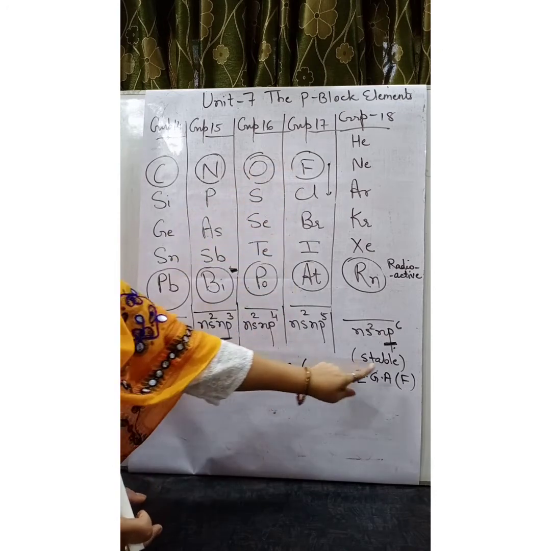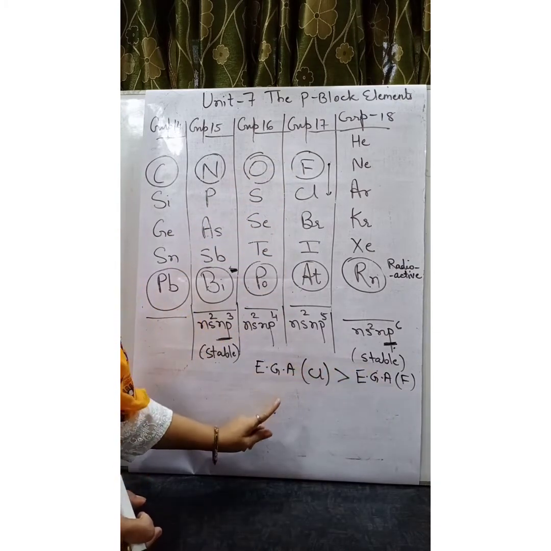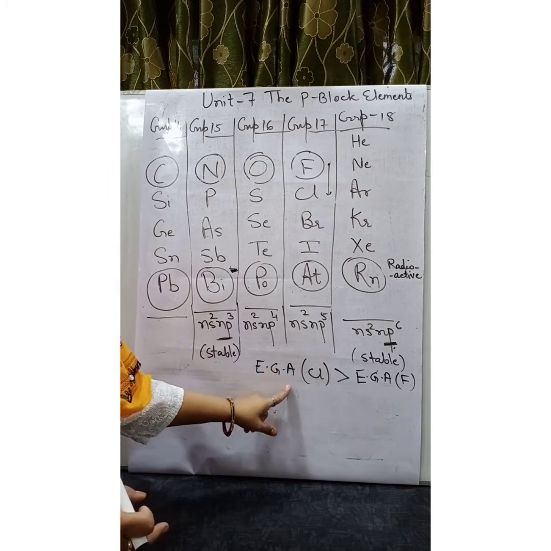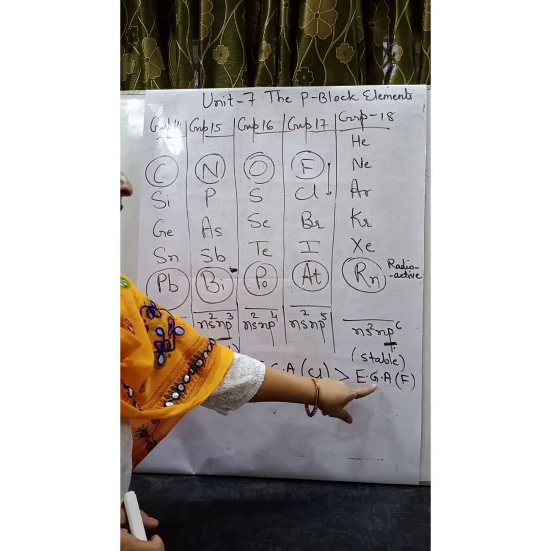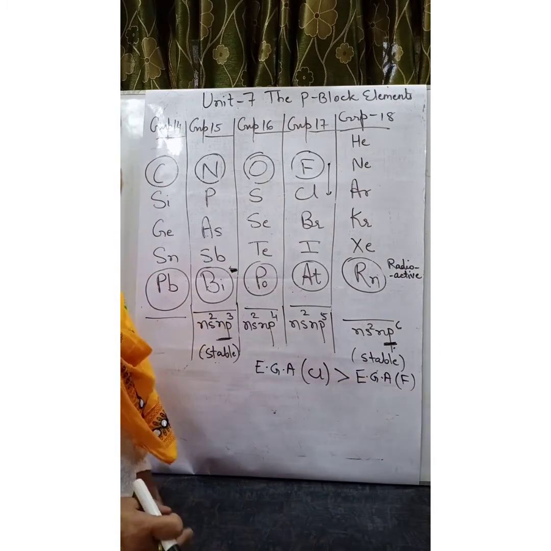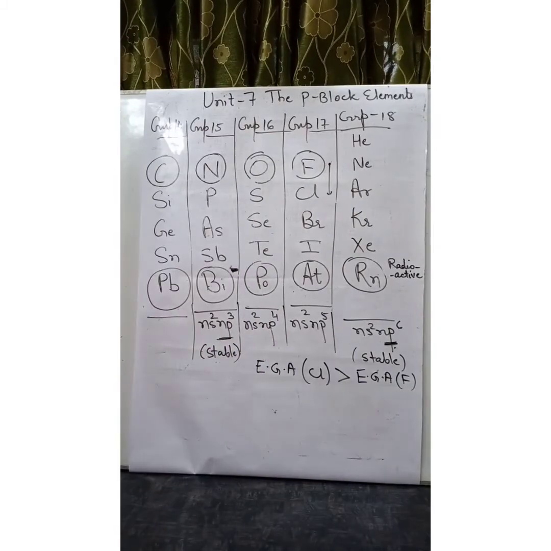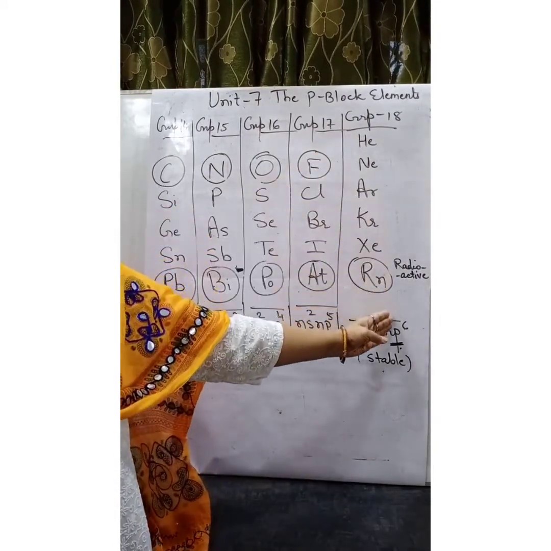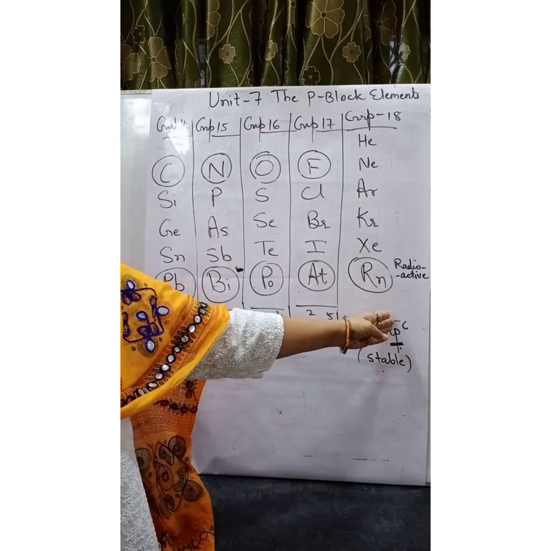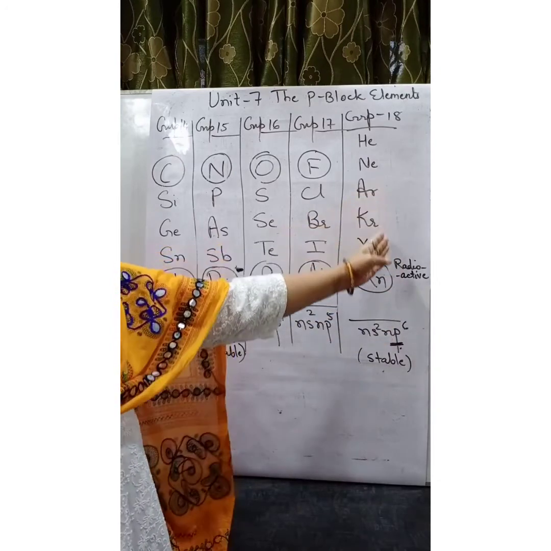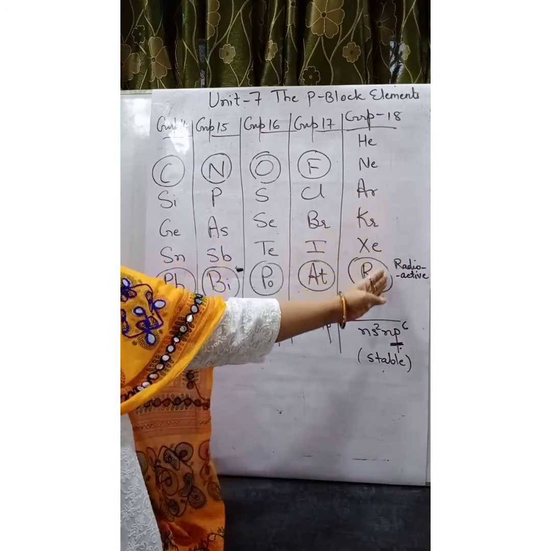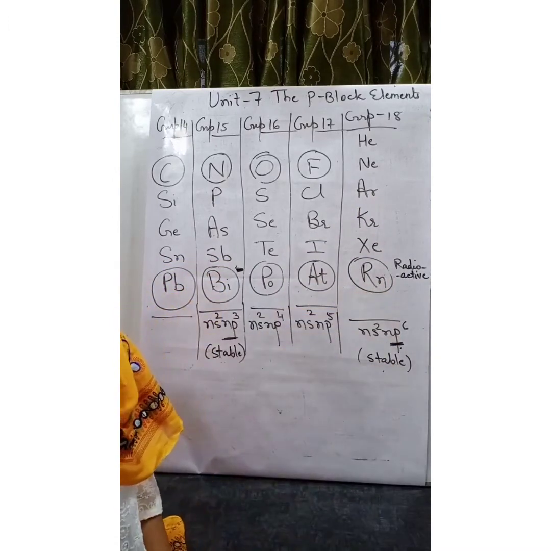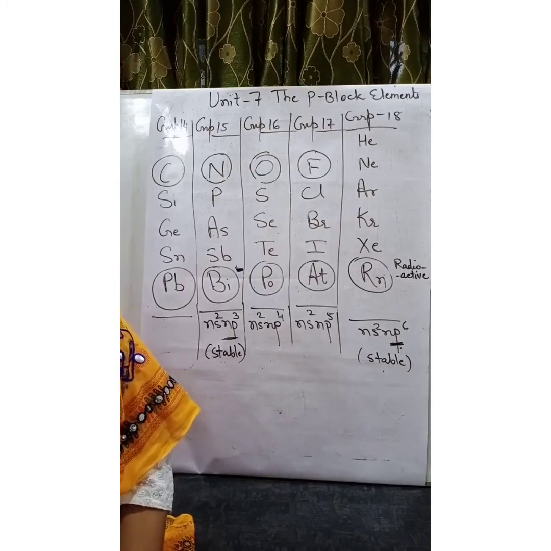So electron gain enthalpy of fluorine is less than that of chlorine, or we can say electron gain enthalpy of chlorine is greater than electron gain enthalpy of fluorine. Group number 18 shows a large positive value of electron gain enthalpy since they are completely filled and have no tendency to accept electrons. Now the next physical property is melting point and boiling point.